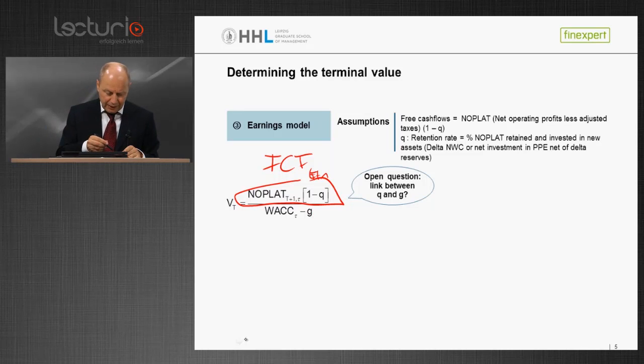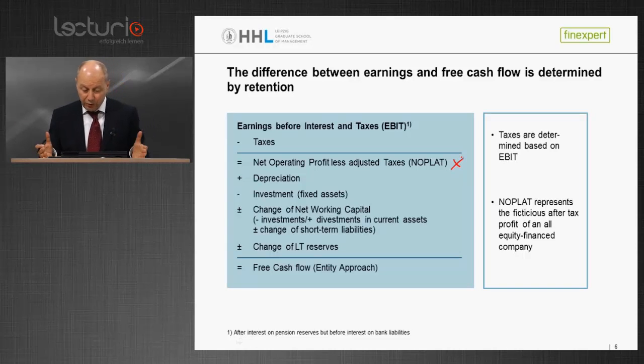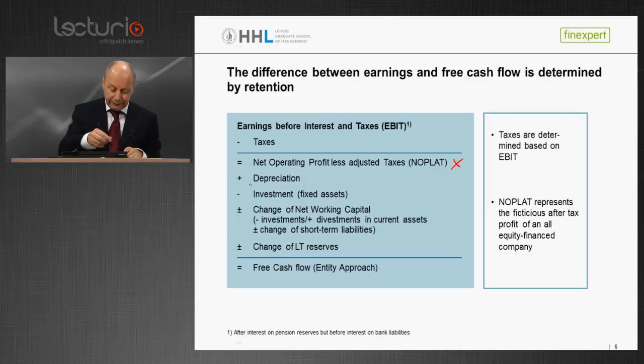To get a better understanding of the meaning of Q, here is an additional slide that highlights again the derivation of the free cash flow out of our earnings figure. Here you see that we start out with our NOPLAT, which is the earnings figure EBIT times 1 minus the tax rate. And then we approach our free cash flows step by step by making our corrections.